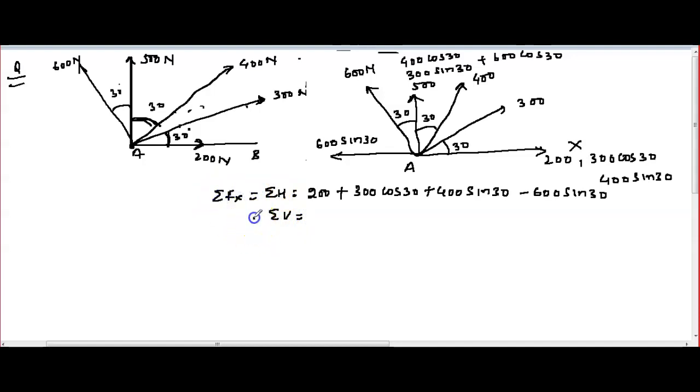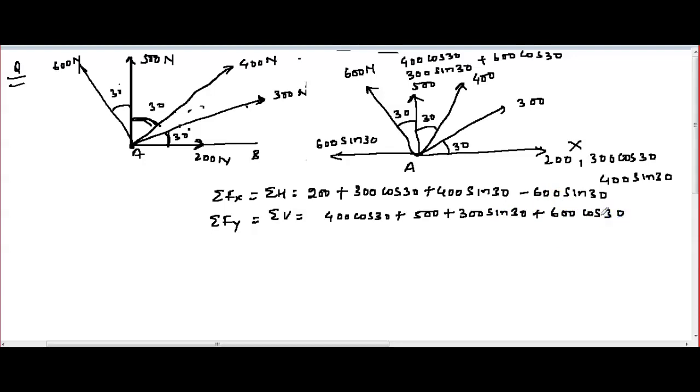So don't confuse horizontal and vertical. It is 400 cos 30 plus 500, 300 sin 30 plus 600 cos 30.